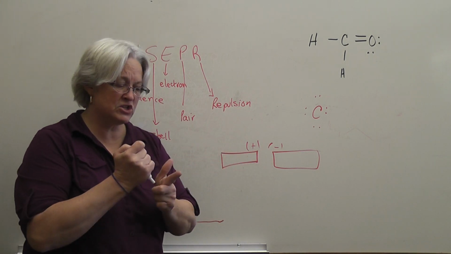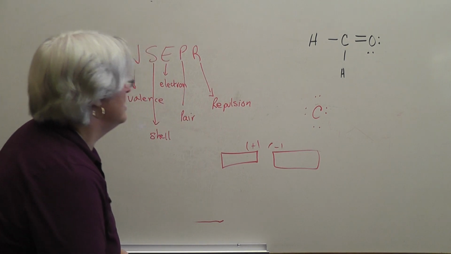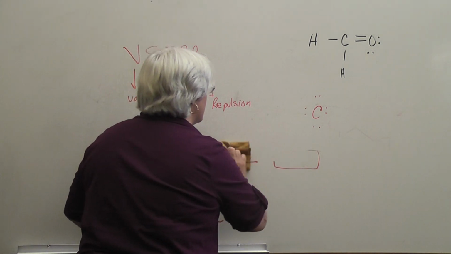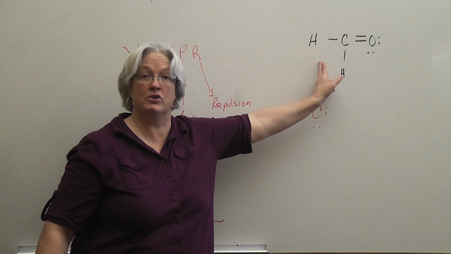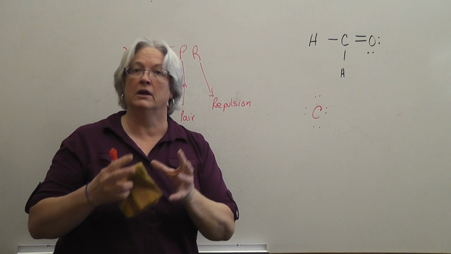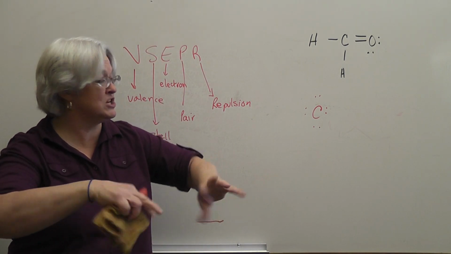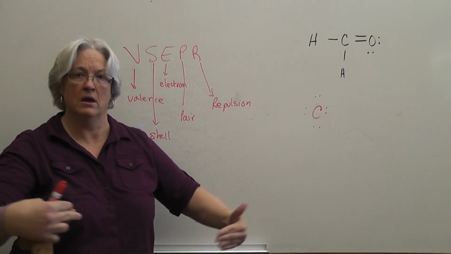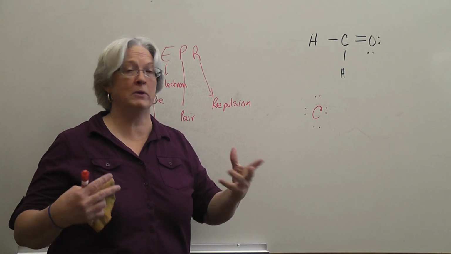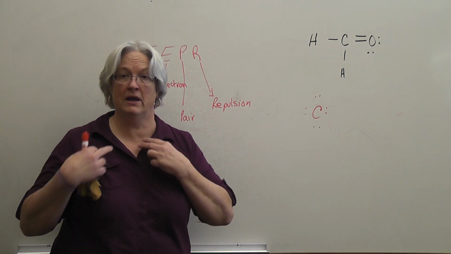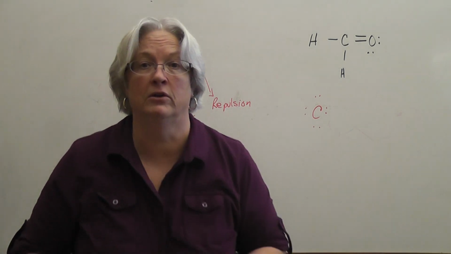So what this valence shell electron pair repulsion theory says is that the various different pairs of electrons in the Lewis structure don't want anything to do with each other. They all want to push each other just as far away as they can. It's like personal space. You've been friends with someone or come across someone who has a much smaller personal space than you do, and they're getting right in your face.